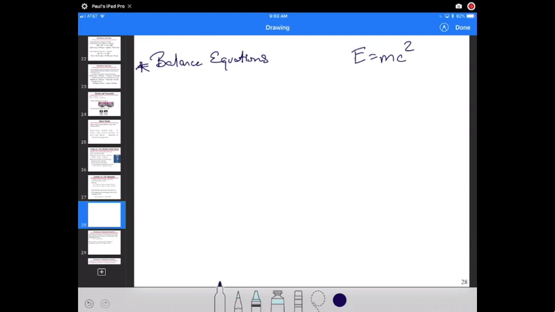Now, a chemical reaction, remember, is a chemical story, and it starts with what? What do we call the things that we start with in a chemical reaction? The reactants. And then at the end we have the products. What indicates that we've done something chemical?